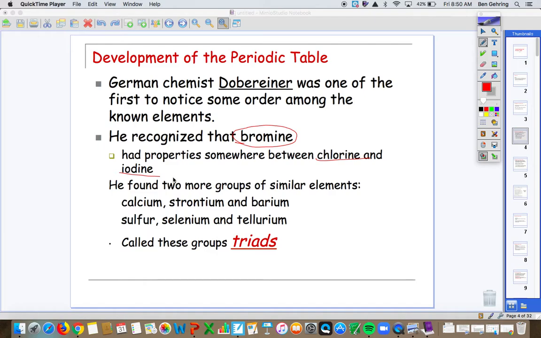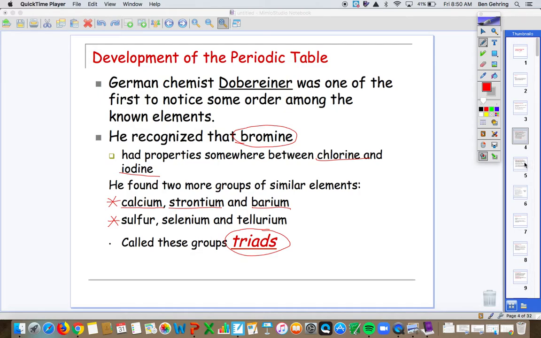And he found a couple other groups that did the same kind of thing. He had calcium, strontium, and barium. Calcium had certain properties, strontium had similar ones, a little bit different, and barium expanded them a little bit more. And same thing with sulfur, selenium, and tellurium. They had similar properties that were a progression. He called these triads, being as there were three in each group.